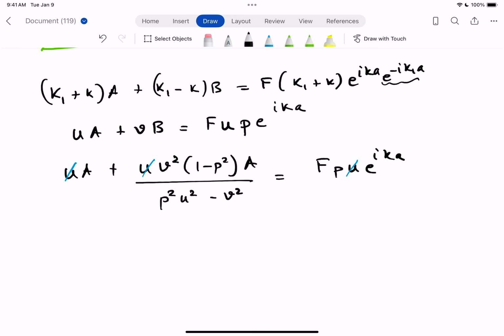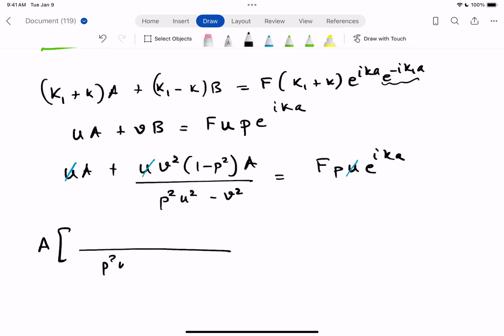All right. Now, it looks like we're almost there. We have something times a on the left side and something times f on the right side. So let's just simplify the left side. Actually I'll just factor out the a and I'll just do a common denominator in one step.